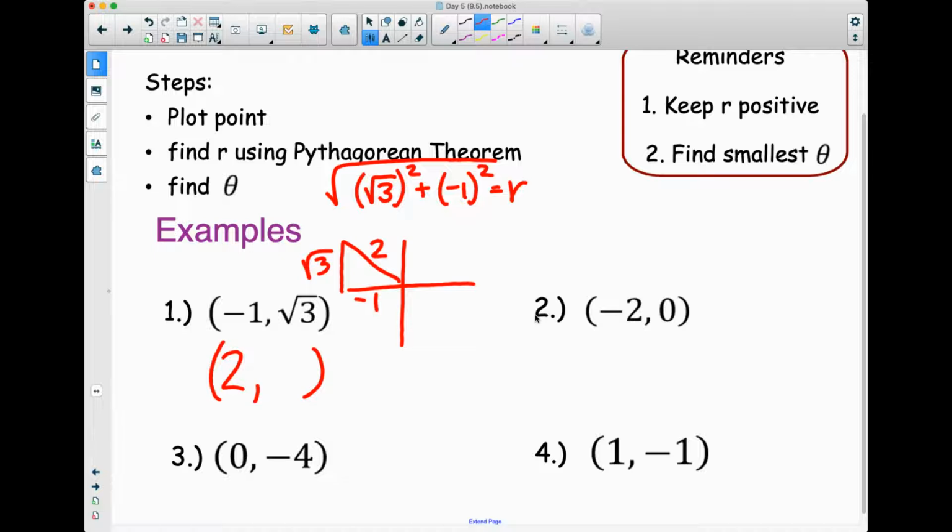And now I just have to figure out what theta is. And remember, we used which trig function to find theta on the previous problems? The inverse? Okay. We will use the inverse, yes, but which trig function? Sine, cosine, tangent.